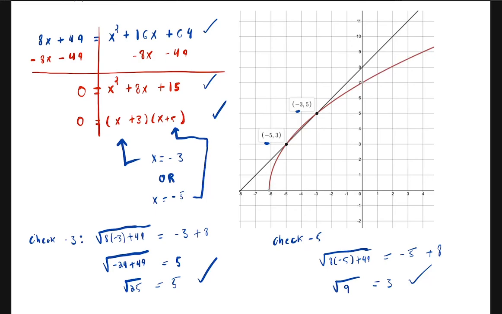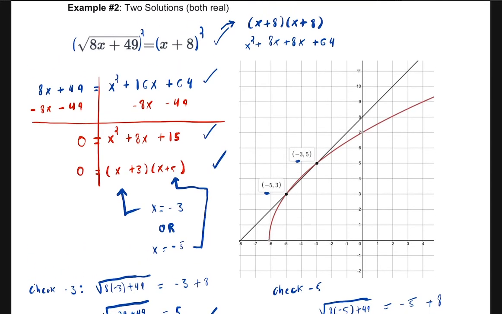We do have to check these ones. The reason is you can sometimes get false solutions. And the reason you get false solutions has to do with this right here. It is a common problem in algebra. We kind of hide this for a little bit and then we have to go back and review it.